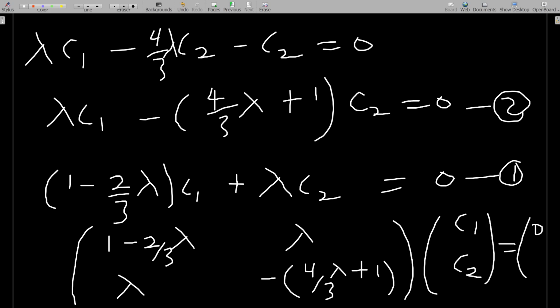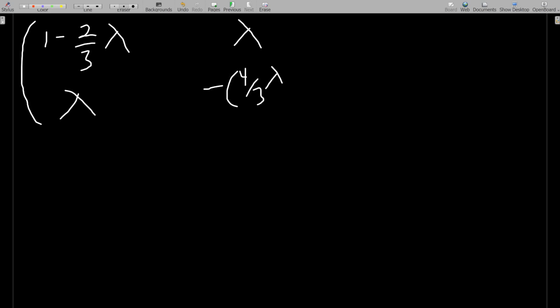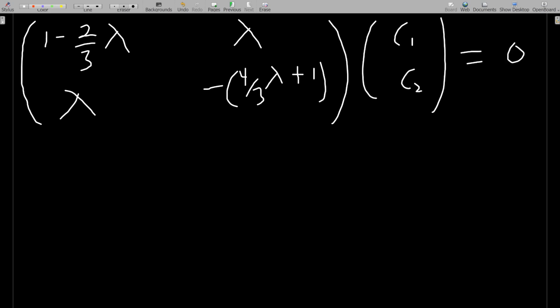All of these equal 0, that is a 0 vector. So in effect, we have a matrix with 1 minus 2 over 3 lambda, then lambda again, then minus 4 over 3 lambda plus 1, times c1 and c2, equal to 0.